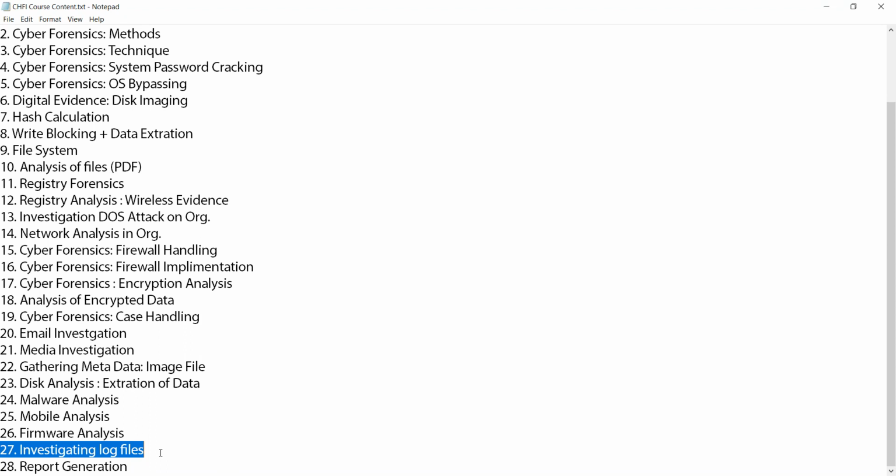Servers also maintain logs, firewalls also maintain logs. So we will see that procedure on the basis of investigation of the log files.